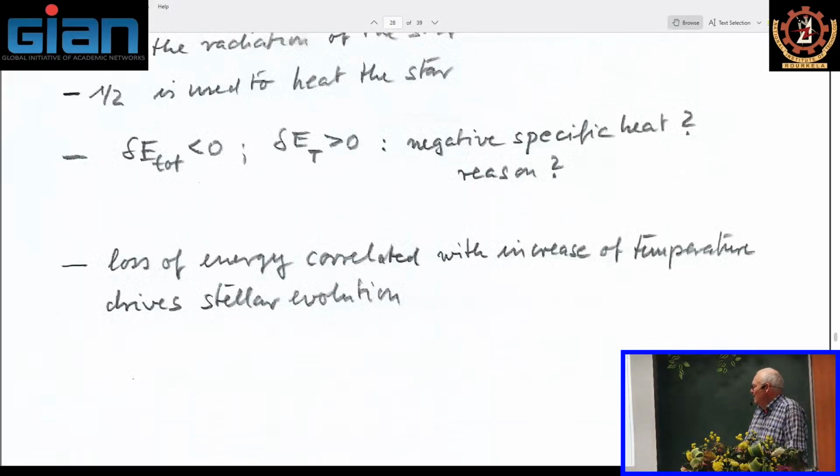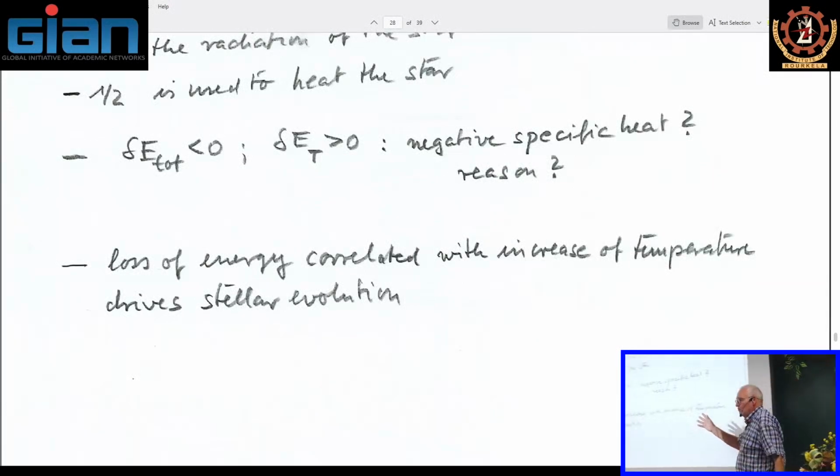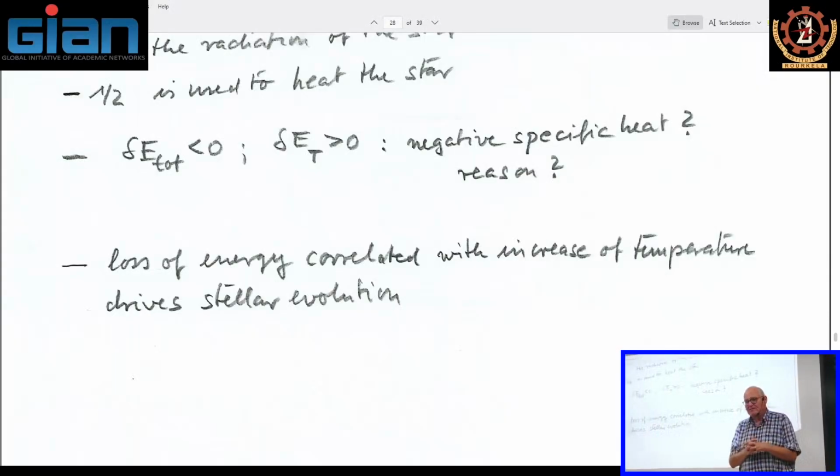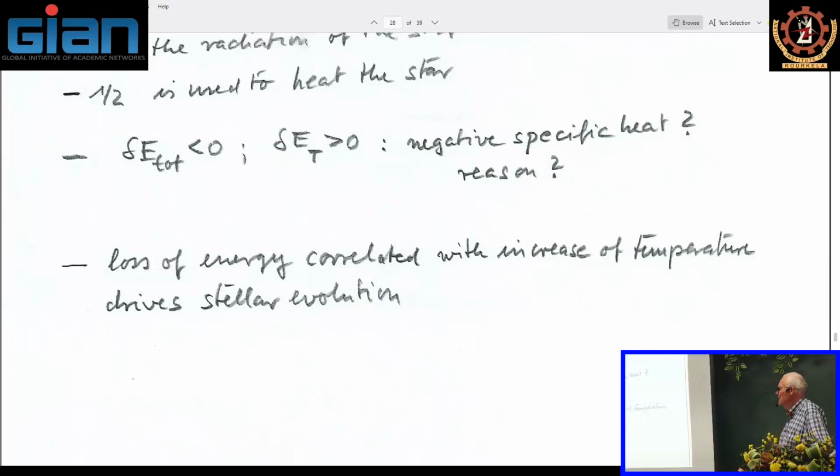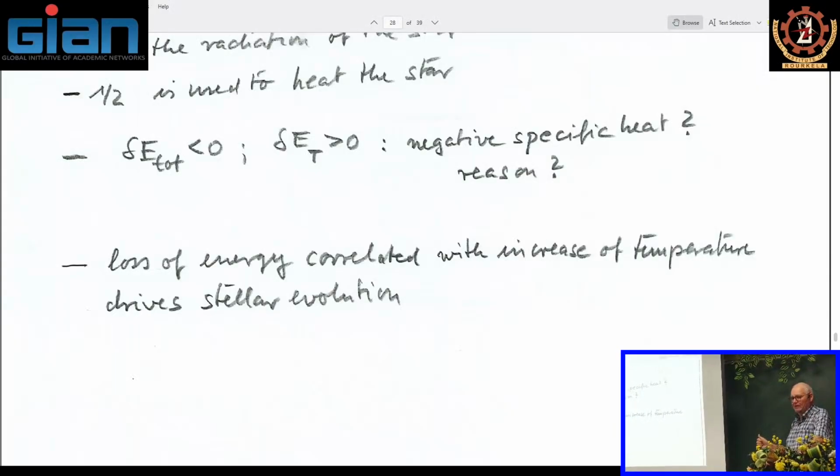Okay, so what we have is that loss of energy, once the star lifts from its gravitational energy, so if it contracts, is always correlated with the increase of the temperature during evolution. Actually, this is one of the driving factors for stellar evolution.